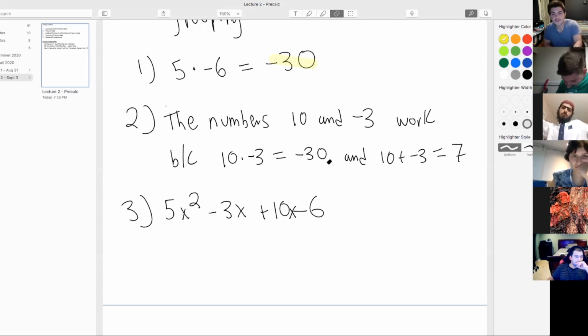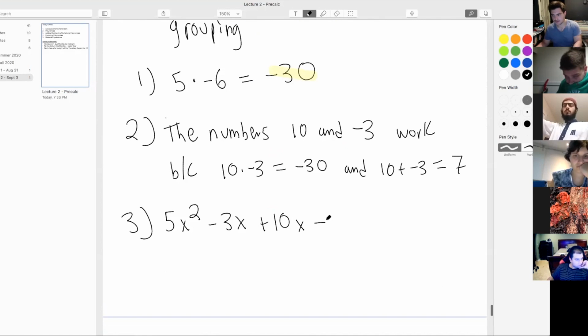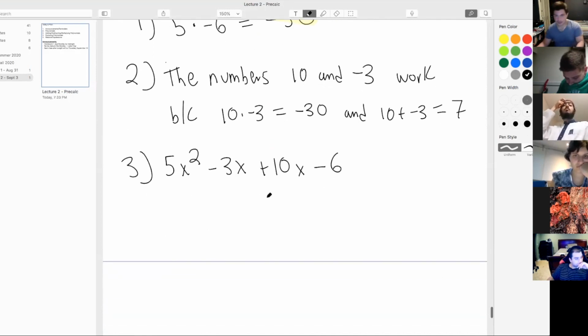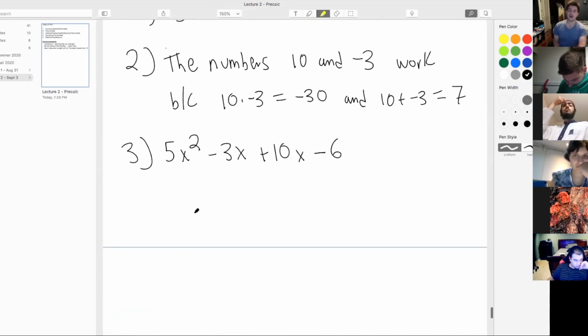Oh, okay, hold on. It's messed up here. Okay. Yeah, 5x squared minus 3x plus 10x minus 6. Yes. Okay. Good, good. So now I would like to factor by GCF the first two terms. So the GCF here is just x.